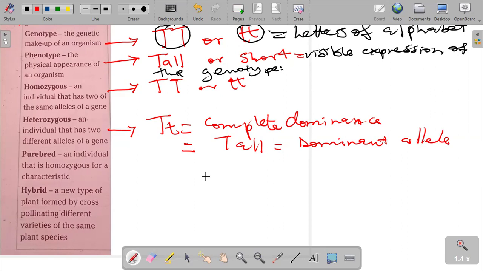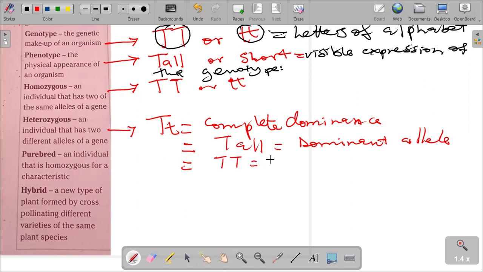So tall is equal to tall, which again, I would wish that you understand that when we are into this scenario of monohybrid crosses, individuals or organisms that are heterozygous are equally the same as homozygous dominant in phenotype.